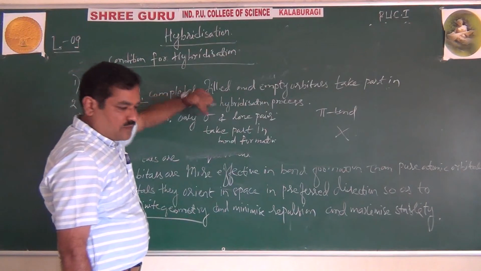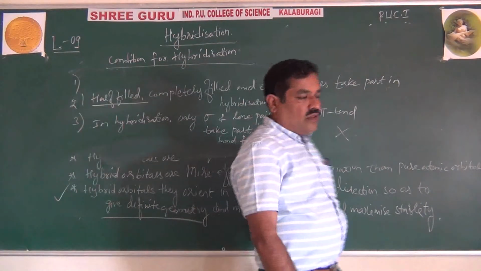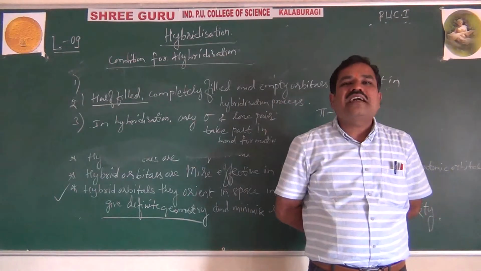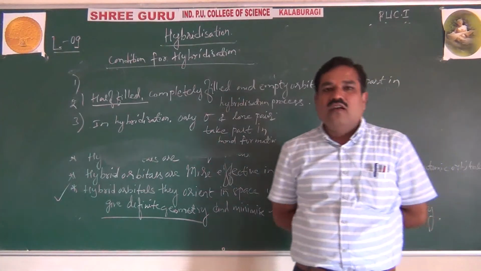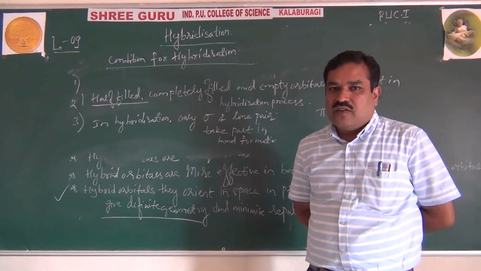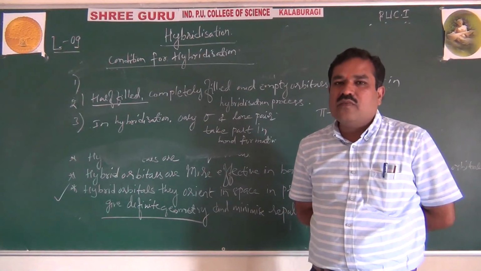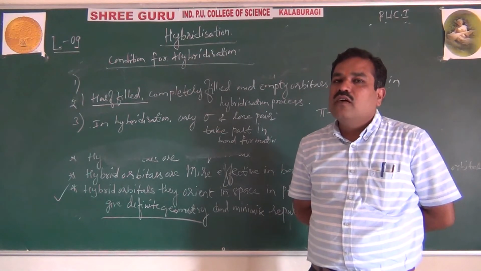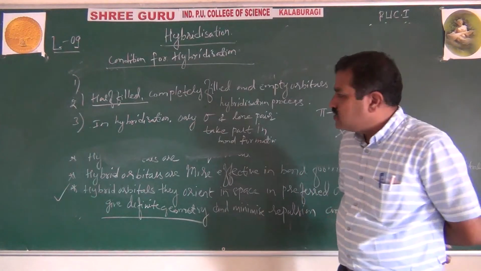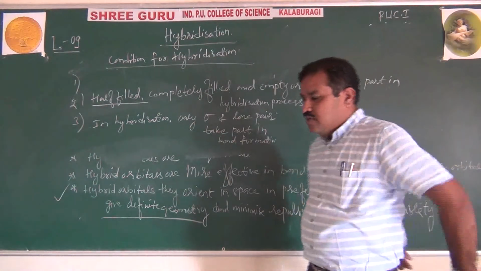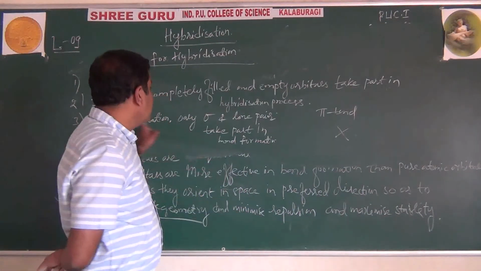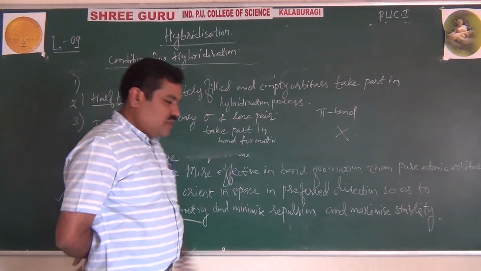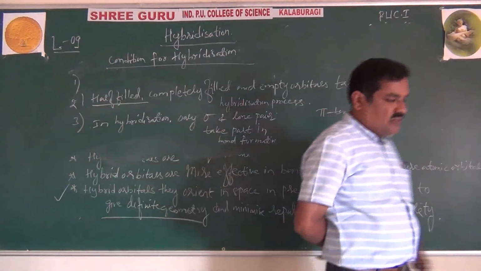Remember, okay? Then in hybridization, excitation of electrons is not a mere condition prior to hybridization. Lastly, that's why I told you, these hybrid orbitals, not only half filled, even completely filled and empty orbitals will take part in the hybridization process.